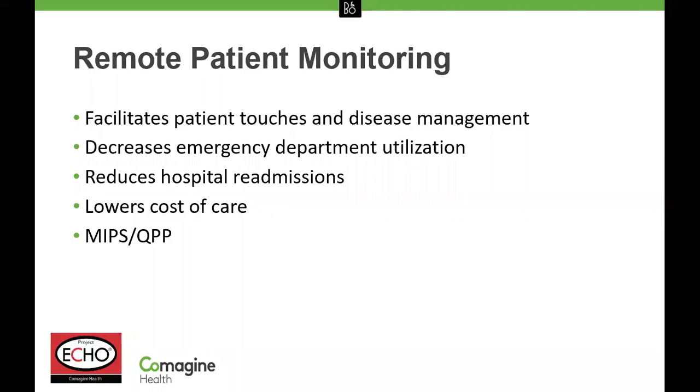We also know that big costs are related to emergency visits and hospitalization. And we also know that readmission and utilization can reflect negatively on your MIPS reports or in other quality reports for hospitals. Research has shown that this type of service can help to reduce readmissions and emergency utilization.